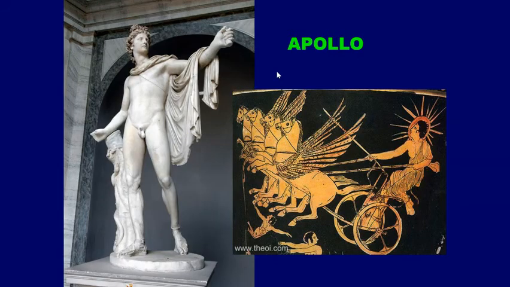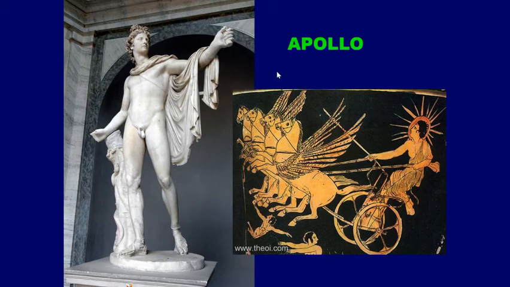And the horses go way too low, and the sun chariot scorches the earth and creates the Sahara Desert. Up and down and left and right, he's out of control. And eventually, Phaethon falls out of the chariot. At that point, Apollo comes in, takes control of the horses, gets them under control, and finishes the ride of Phaethon. And that's what that red figure base shows.